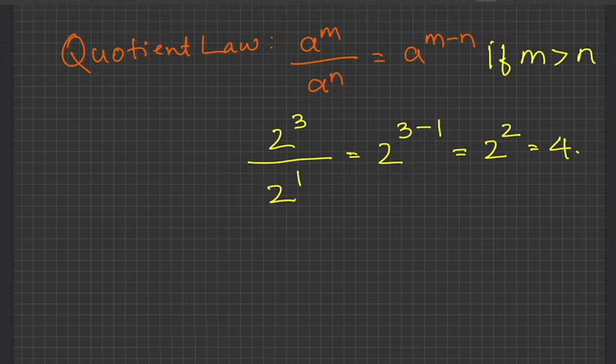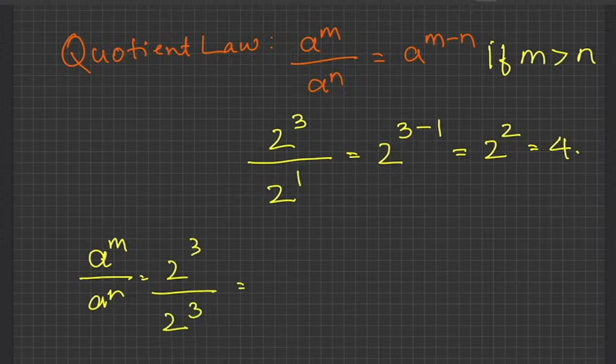So let's say that in a second case, if I have a to the power m by a to the power n, and let's say 2 to the power 3 and 2 to the power 3, then it is 2 to the power 3 minus 3, which is equal to 2 to the power 0. Now 2 to the power 0 is 1.